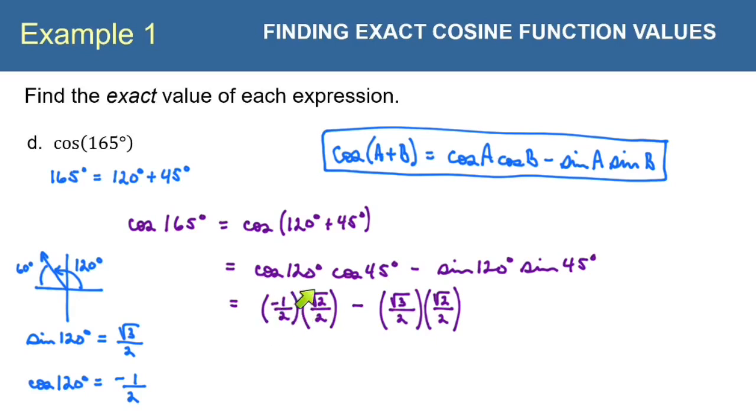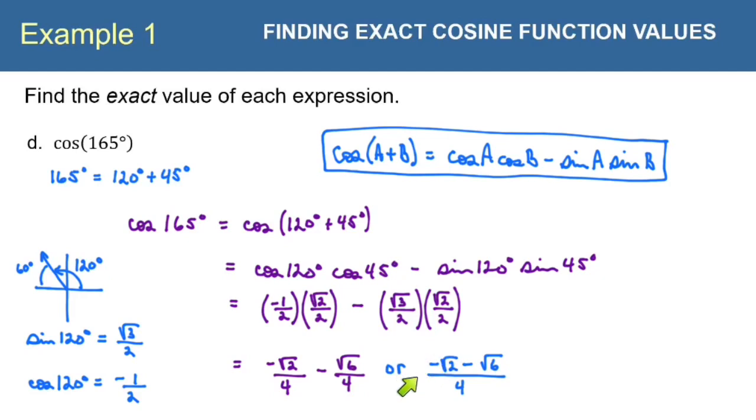And now multiplying the fractions together, we end up with negative square root of 2 over 4 minus square root of 6 over 4. As always, it's fine to leave it in this form, but if you wanted to combine it into a single fraction, that would be negative square root of 2 minus square root of 6 in the top, all over 4. And I do want to point out to you here that this negative is attached to this radical.